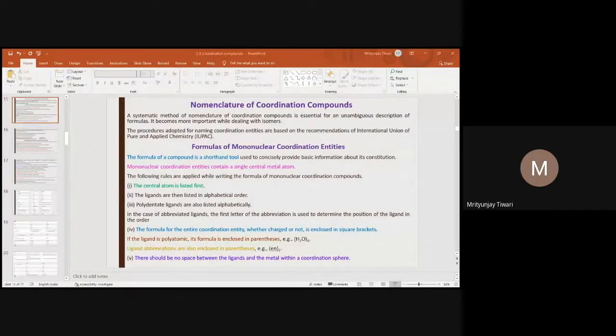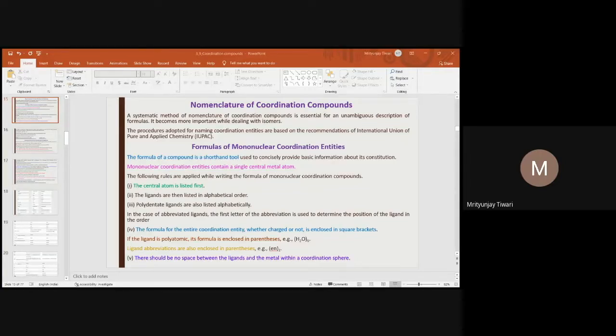For example, this is ethylene diamine. For ethylene diamine we consider E to decide its place in the alphabetical order, because en represents ethylene diamine, so we don't see the entire structure, we only see the abbreviation. So polydentate ligands are also listed alphabetically. In the case of abbreviated ligands, the first letter of the abbreviation is used to determine the position of the ligand in the order.